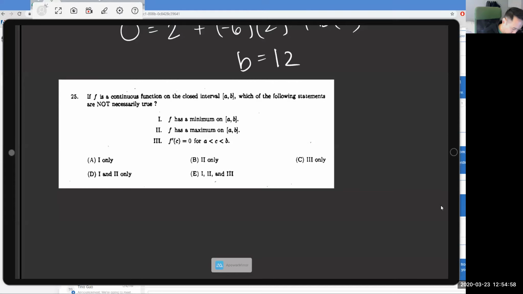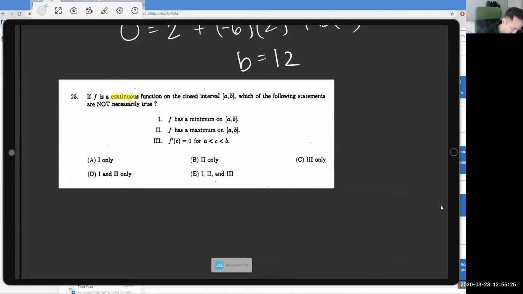Okay, so 25. If f is continuous on a closed interval between a and b, that's all they're telling me. Which of the following statements is not necessarily true? Right off the bat, statements 1 and 2 say f has a minimum and a maximum on the closed interval a to b, as long as it's continuous, which it is, right?